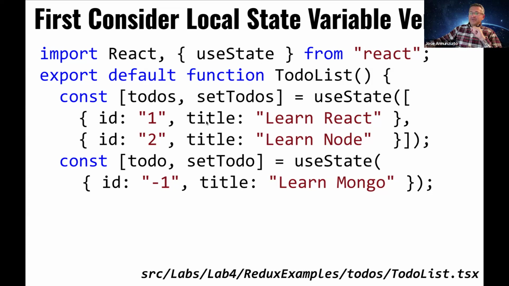This will allow us to iterate and render all the to-dos, whereas this one is going to allow us to have a single input field where we can type the new to-do, click on add, right? And this new object, we can just append to the end of this array. So we have two state variables, one dealing with all the to-dos, and another one dealing with a single to-do, so that the single to-do can be used either for creating new to-dos or editing existing to-dos.